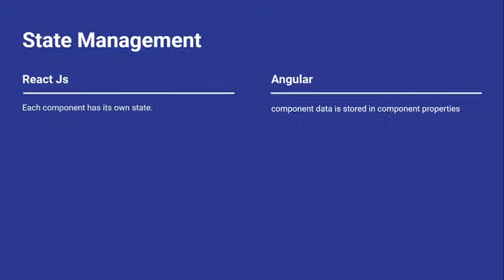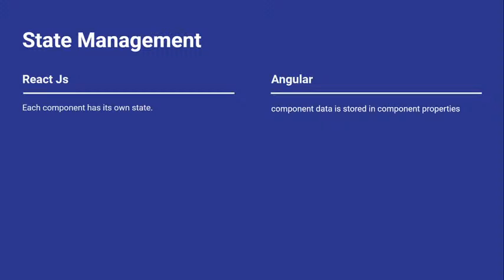And state management. It's one of the interesting features of React.js. Even all the developers want state management. So in React.js, each and every component has its own state. Even though you may use a class component or a functional component, you have state management there.